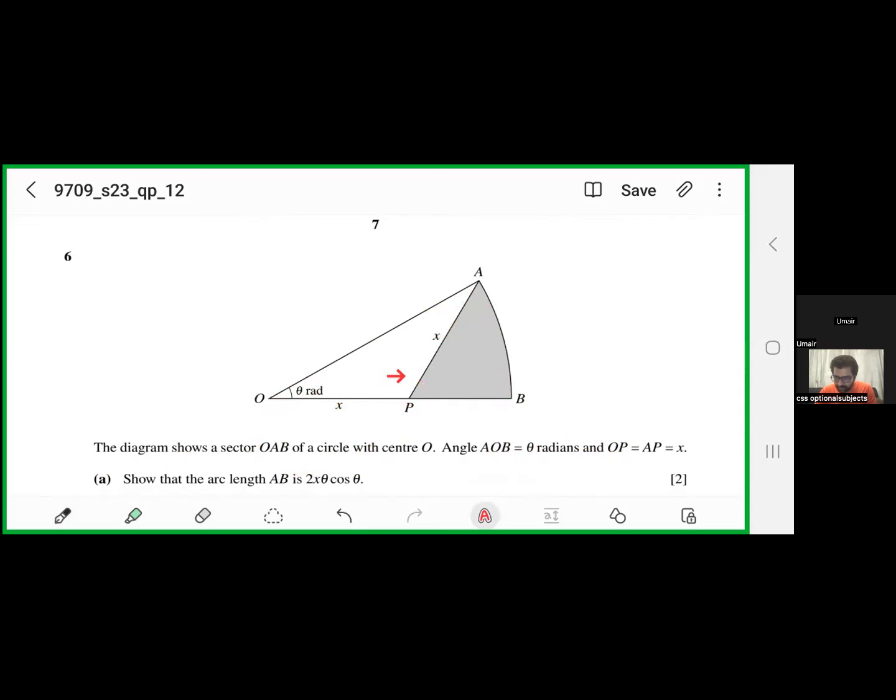Okay, both of them are equal, so this is an isosceles triangle. So we have to show that the arc length AB is 2x theta cos theta.